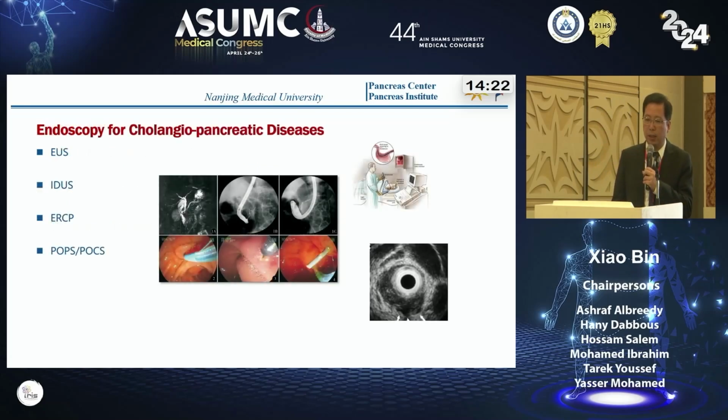First, let's see what kinds of endoscopy can be used for cholangiopancreatic diseases. They include EUS, IDUS, ERCP, and POPS or POCS.